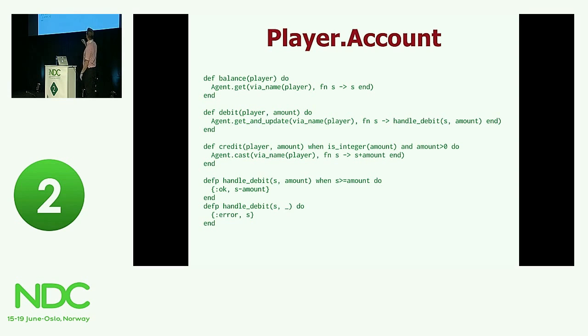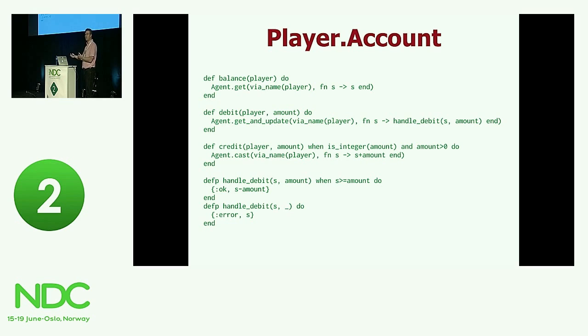So of course we have the balance, which is just return me the amount of money you're holding. The debit there is actually what's with an agent called get and update. So you find the name for it, and then you do a function called handle debit using the state and the amount you want to debit. And then that function is actually down here. So if you have more money in your account than what the person is trying to debit, it's okay.